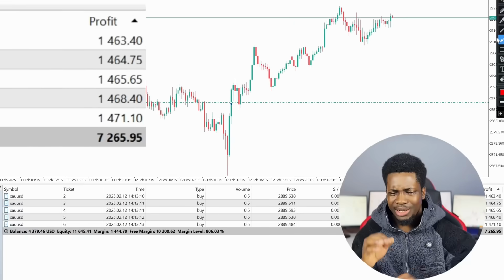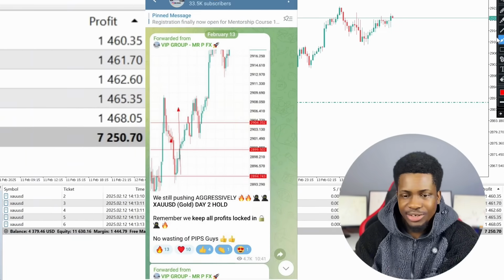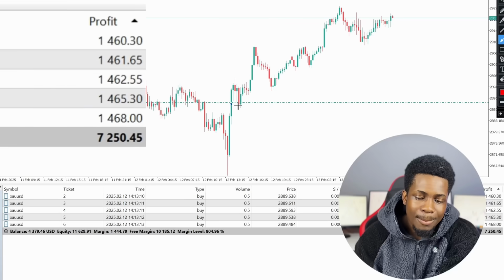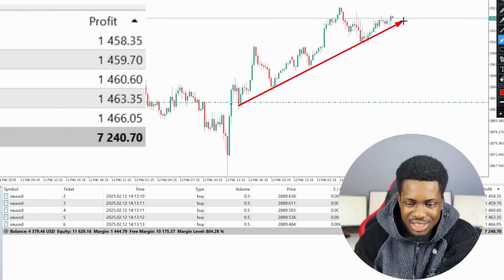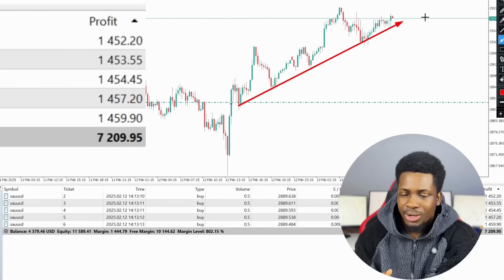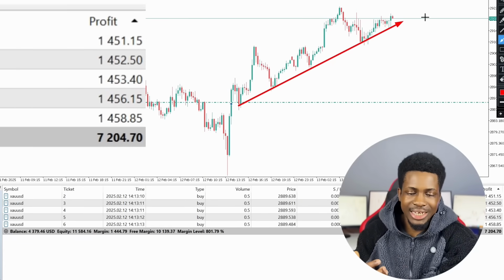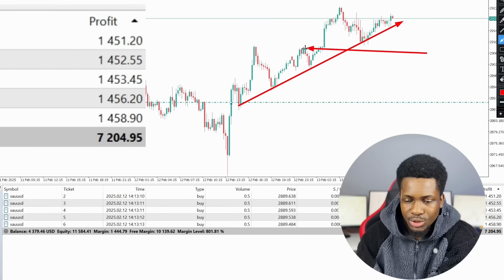Why are we still locking in profit on this trade? Why can't we just run out with $7,000 already? The reason is simple. Number one, if you map out your basic trend line, you should notice that it's still following a trend line, which is good. Even if something happens and it blows the trend line, we have a build-up level just around the spot.